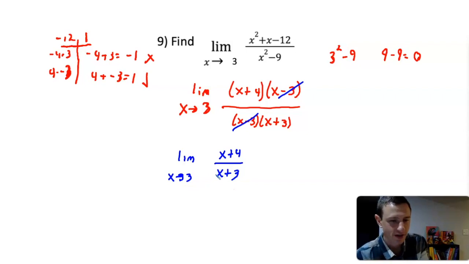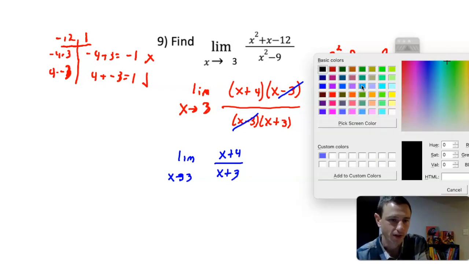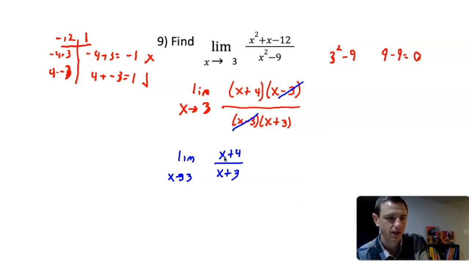Here is a massive mistake that I see a lot of students make over the years. Right here. I see people do this so often. Boom. They cross out the x's because they think, oh, I have an x and an x, so those are going to drop out, so I get 4 over 3. That's not how it works.